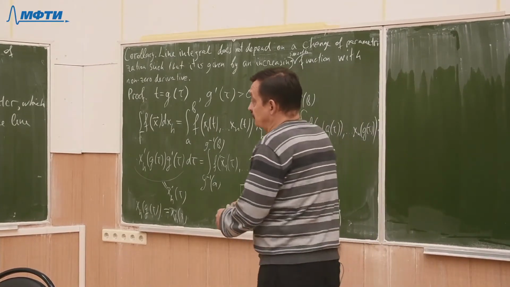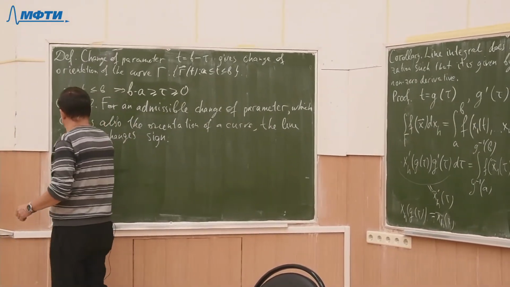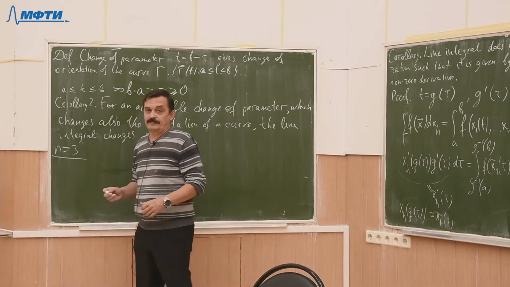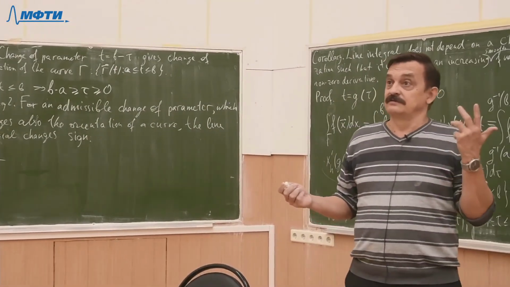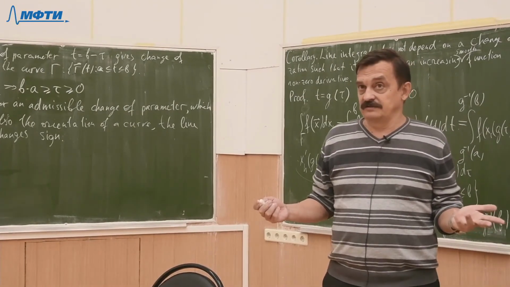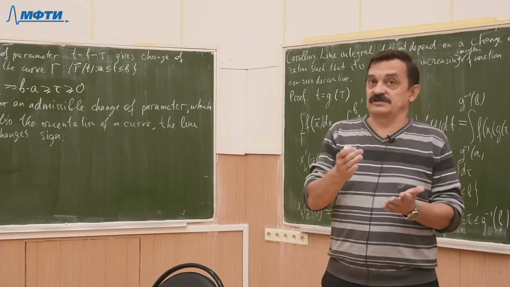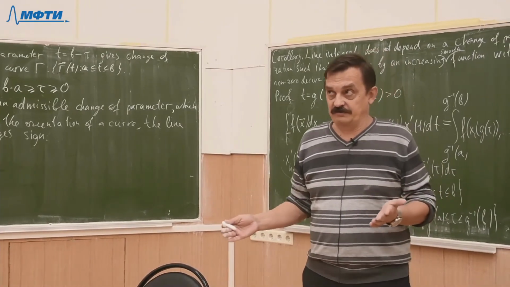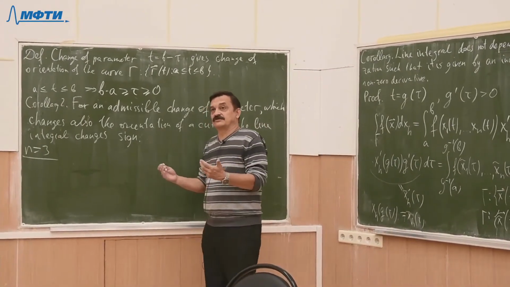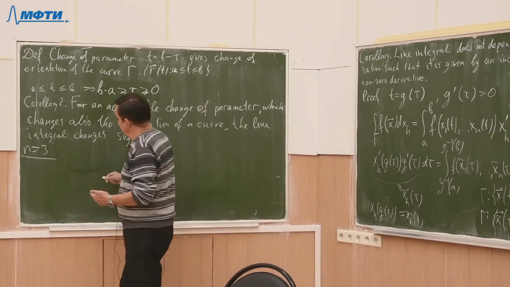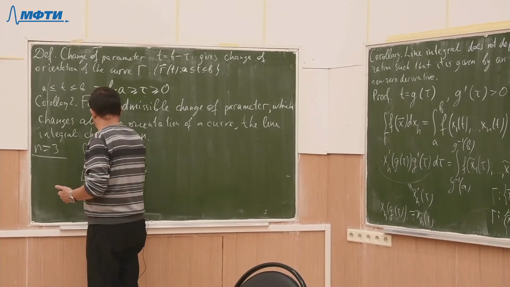Now consider the particular case n equals 3, right? Then we have how many variables? We have 3 variables, right? So we may consider 3 different integrals with respect to each of the variables. And usually they are considered together. Why? Let me explain. So we consider integrals like that.